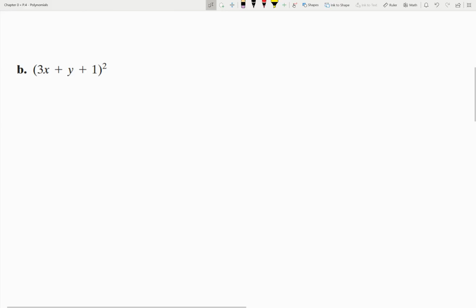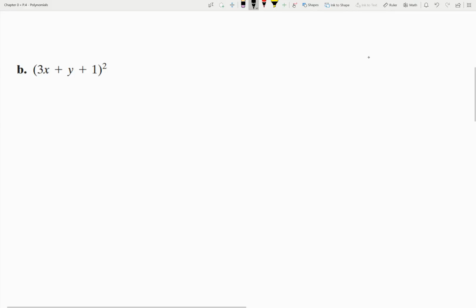Same idea here, okay? In fact, because it's a sum, you could call these two a and this b, or this a and these two b. I would argue that it's nice to leave the 1 by itself because that's easy to multiply, okay?